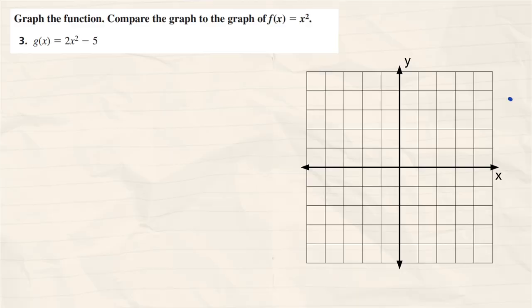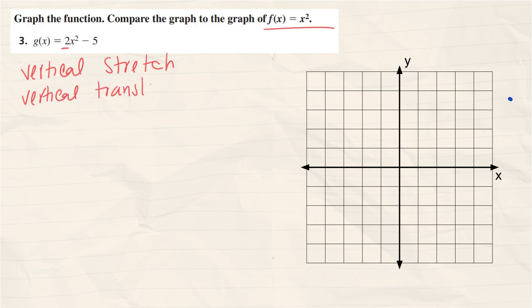In number 3, we also are comparing again the same parent, right? But here we know that A is greater than 1. So I'm going to have a vertical stretch, and I'm also going to have a vertical translation of 5 units down. Now, I am going to graph my parent.